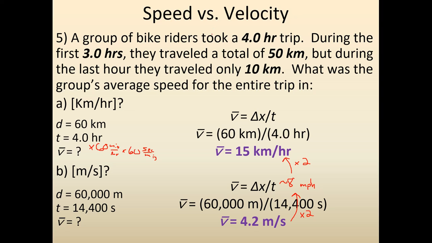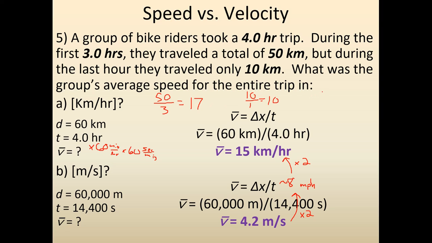So one way that someone might answer this is they'll try to do this. They'll do the 50 kilometers in 3 hours to get a speed. In this case, that would get you a speed of about, I'll just round it, 17 kilometers per hour. Then they would do 10 divided by the 1 hour to get 10.